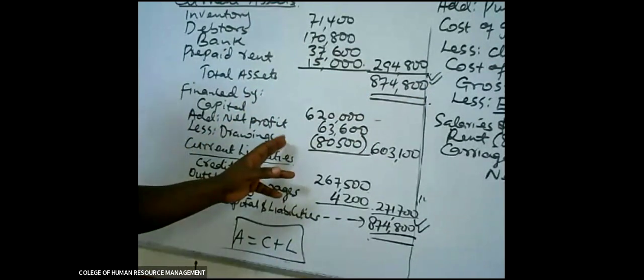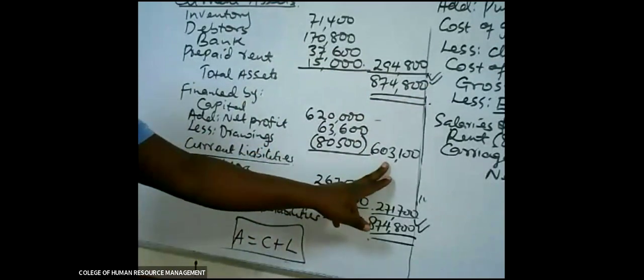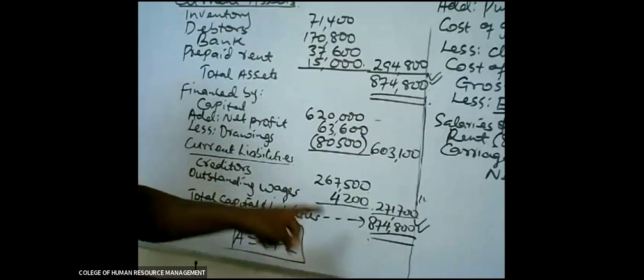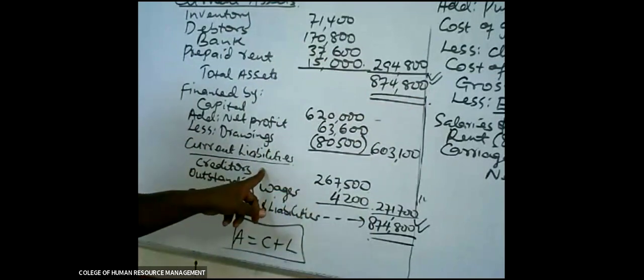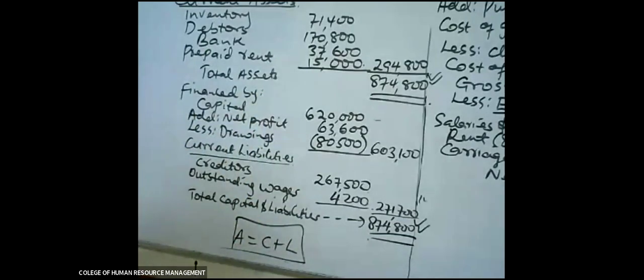If there are any drawings that were made, you deduct, and you get the closing capital. If there is a bank loan, we could have captured the long-term liabilities here. But because there is no bank loan, there is no long-term liability. So we skipped the long-term liabilities and went to the current liabilities: creditors and outstanding wages, which is an accrued expense. Then that one is it.